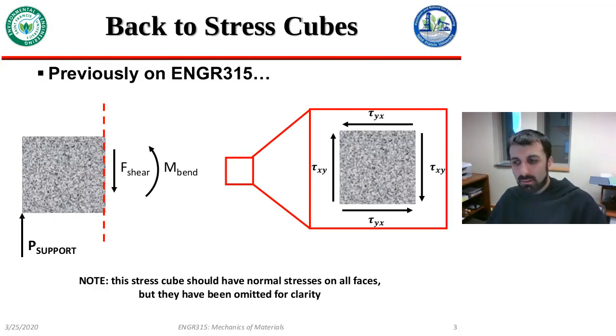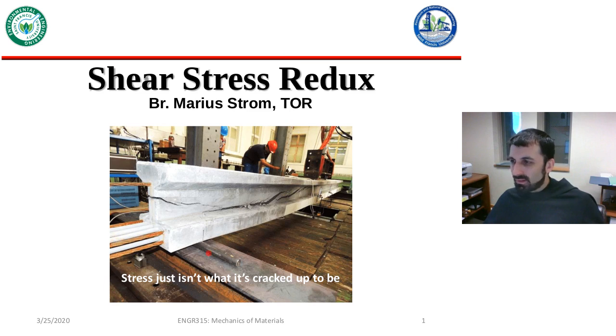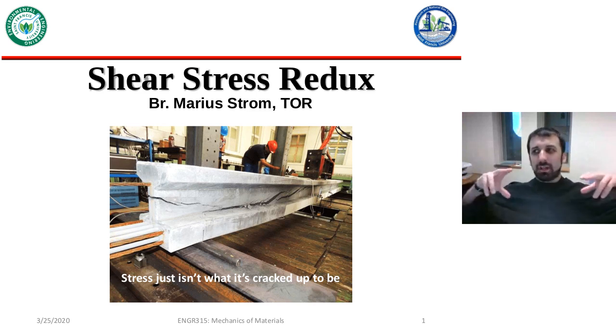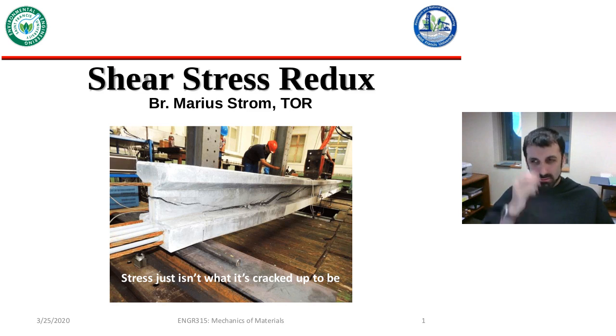If I pop back over to the presentation and jump back to slide 1, you see where those cracks are running? They're running along where the shear stress is maximized. This beam actually failed due to shear stress first. That's what we're going to look at next class.